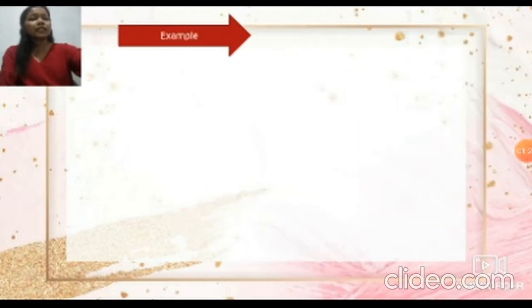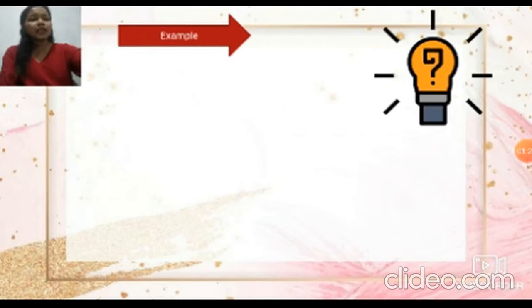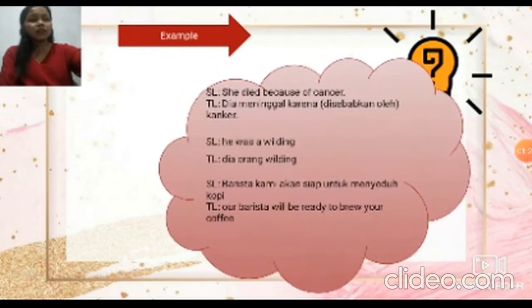Okay, in here there are some examples of denotative equivalence. The first example, for source language, she died because of cancer. The target language, dia meninggal karena disebabkan oleh kanker. And the next example, for source language, he was a welding.